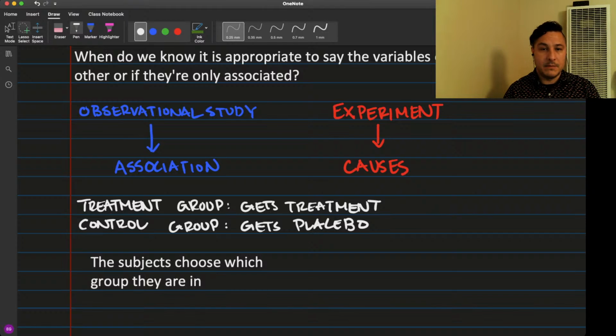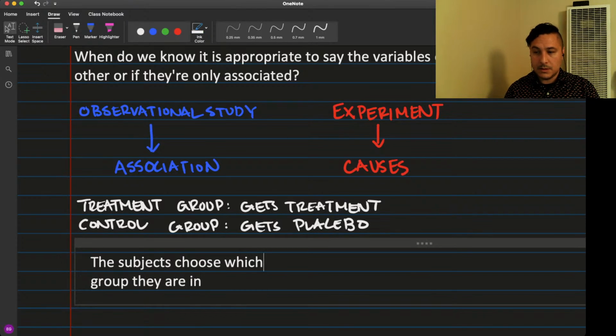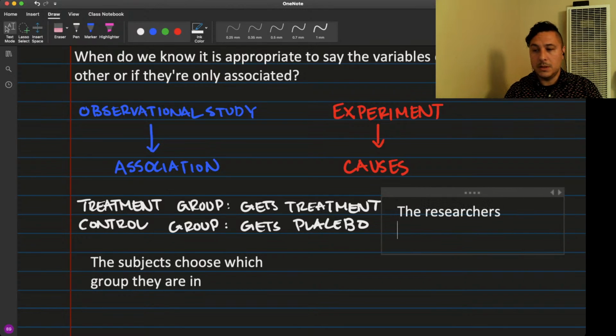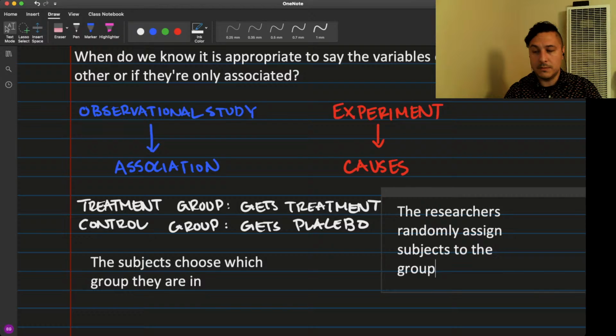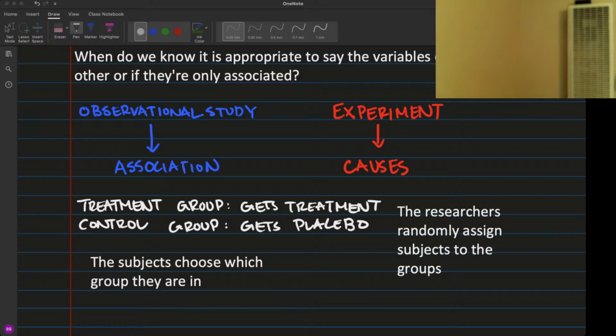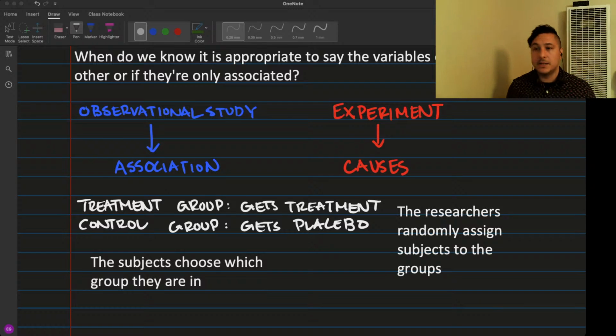But with an experiment, the researchers randomly assign subjects to the groups.